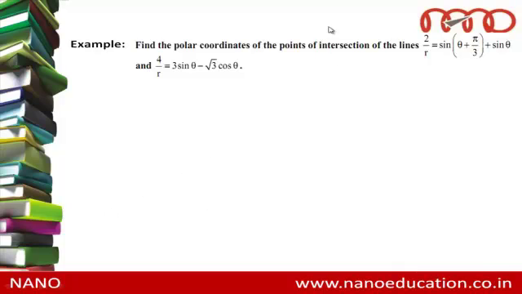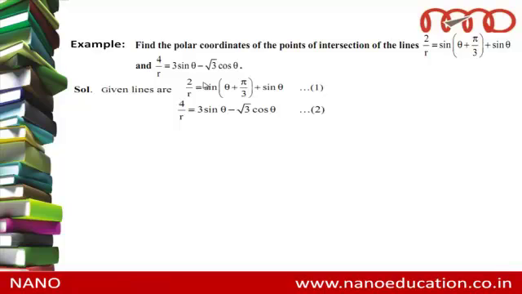So when we have to find the point of intersection of the two given lines, we have to find a point r comma theta which satisfies both the equations. Let us see how to do it. These are the given two lines: 2 by r is equal to sin theta plus pi by 3 plus sin theta, and 4 by r is equal to 3 sin theta minus root 3 cos theta.